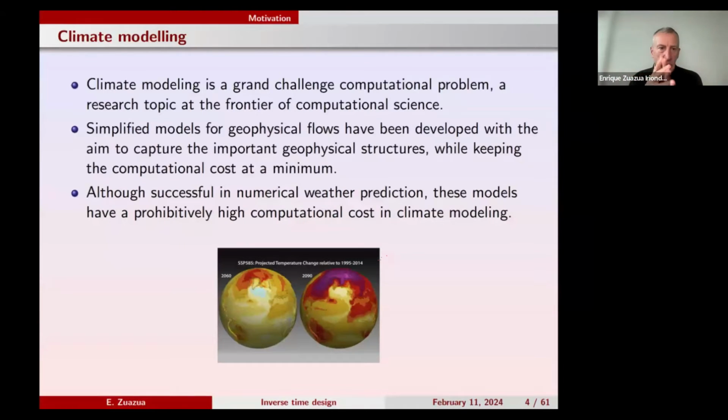Okay, so climate modeling, climate change is also one of the great concerns of humanity. Plenty of research has been devoted to this. And as you know, one of the still controversial issues, surprisingly, is that people accept that humans had a major effect on this process of climate change.